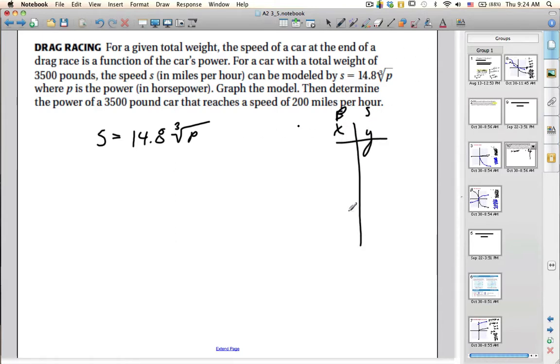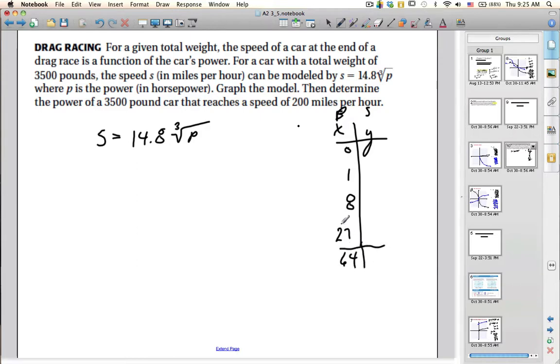So if I pick inputs that are perfect cubes, I could get outputs that would be simple to work with. So I would probably pick 0, 1, 8. You'll notice I'm not picking negative numbers because really, would we use negative power? We would not. 3 cubed is 27. 4 cubed is 64.